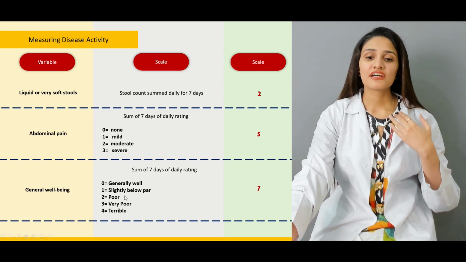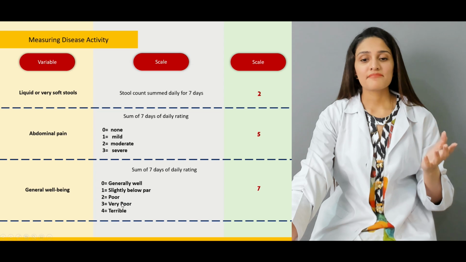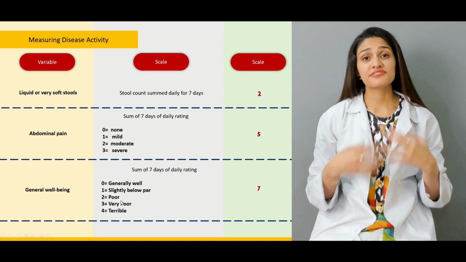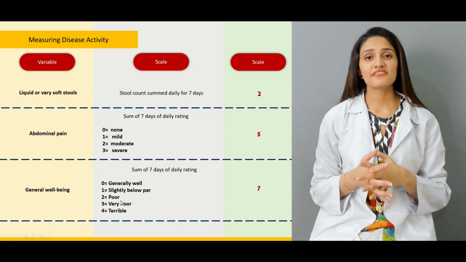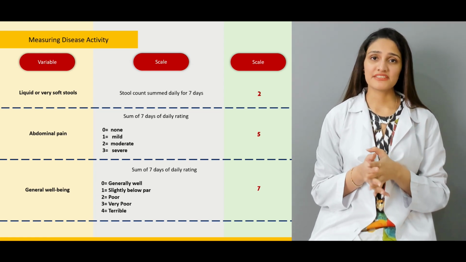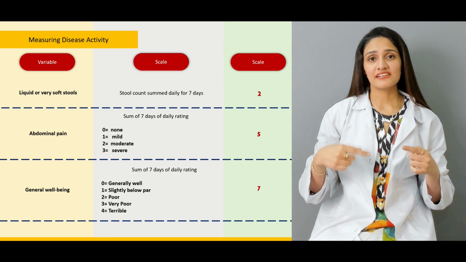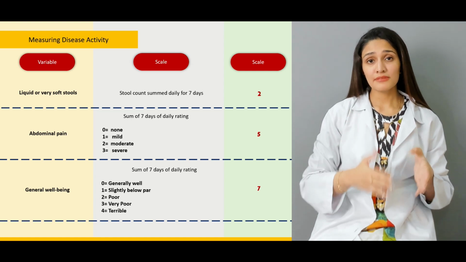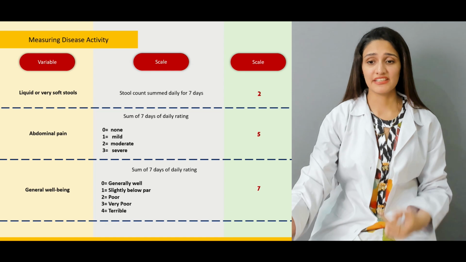If he feels poor, it'll be 2 multiplied by 7. If he feels very poor, it's going to be 3. And if he feels completely terrible, it'll be 4 multiplied by 7. This scale is going to be measured on a daily basis for 7 days.